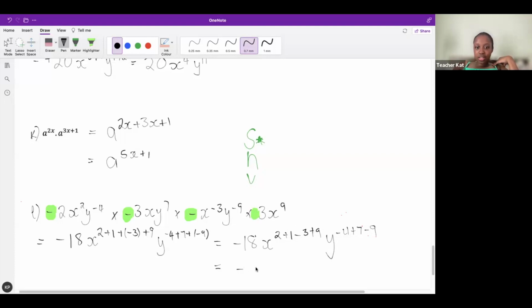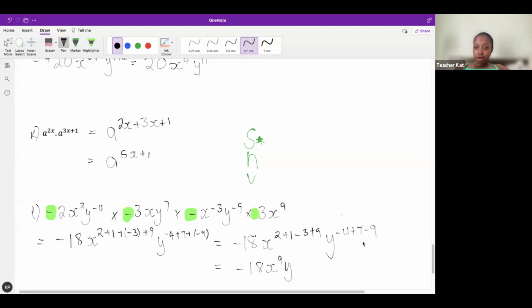So my final answer is negative 18 times x to the power of 0. Let's see. 2 plus 1 is 3. Minus 3 is 0. Plus 9 is 9. And y to the power of... Thanks, Logan. Good. Buhlale, you missed the 9. Close one there.